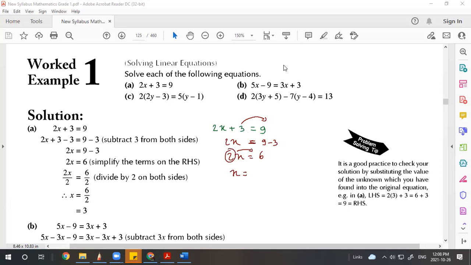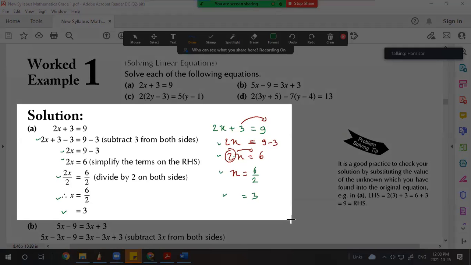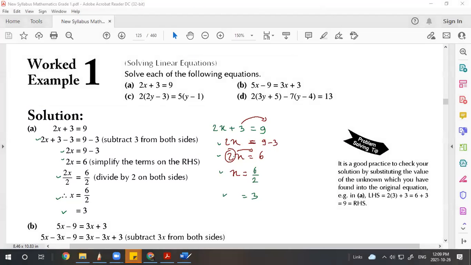This is the multiplication rule, right? So when you move this to the right side, it has to be divided. It's 3. How many steps? 1, 2, 3, 4. How about this? 1, 2, 3, 4, 5, 6. See? So 4 steps versus 6 steps. Which one do you prefer? Up to you. For the others, the same also applies.